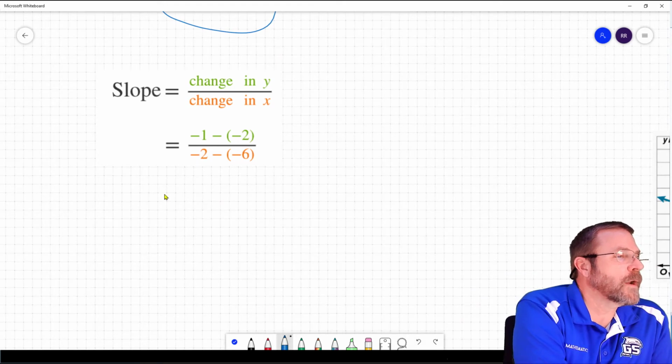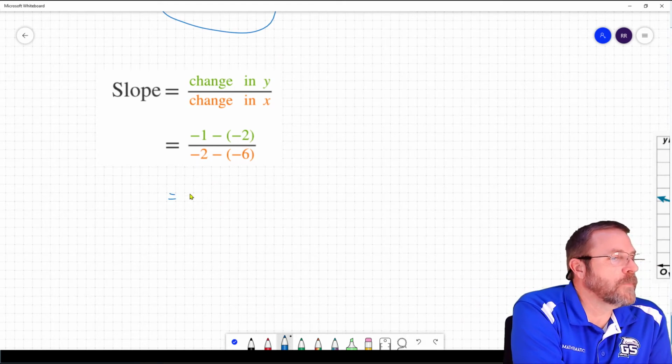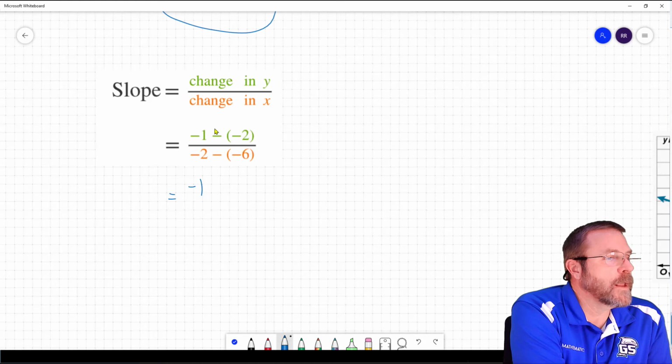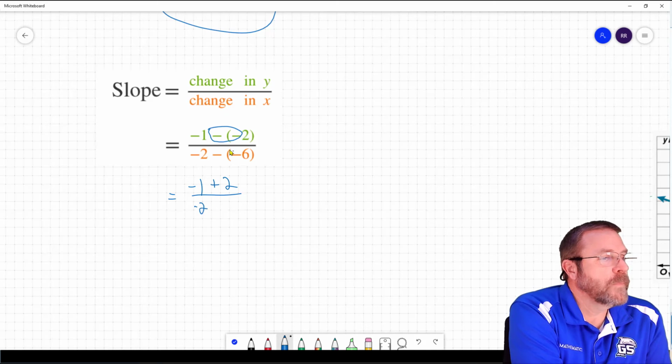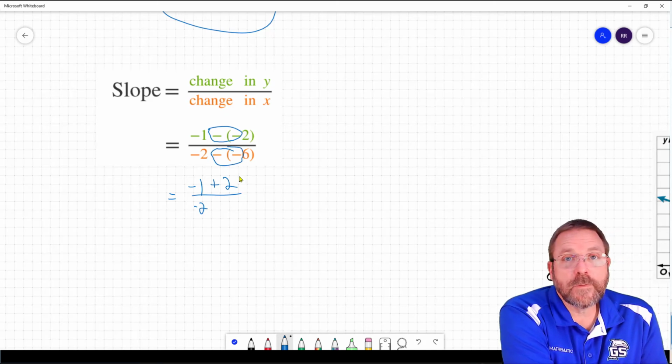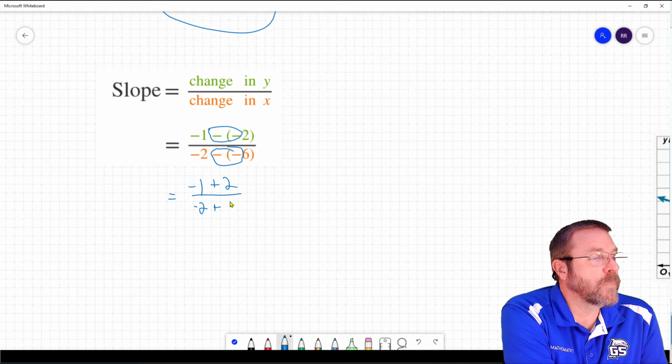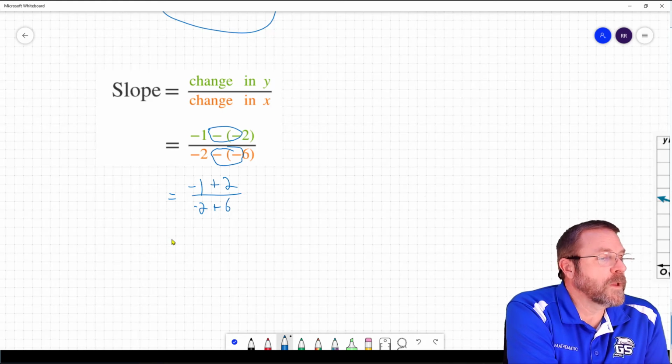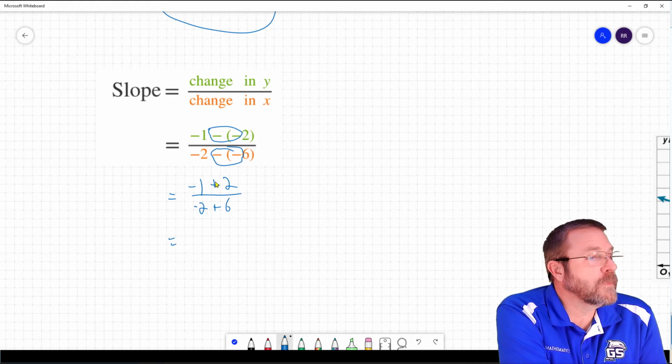So I would write a brand new line that would say -1, a negative times a negative is going to be a +2, divided by a -2, and a negative times a negative is going to be a +6. From there we get to say signs are different, find the difference.